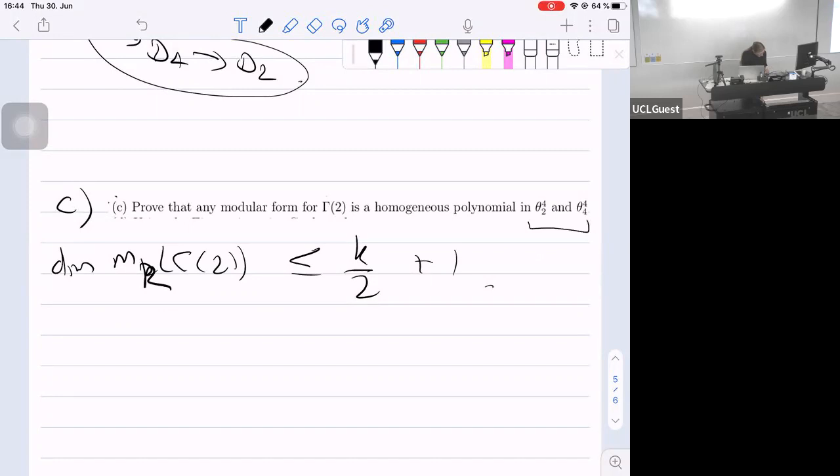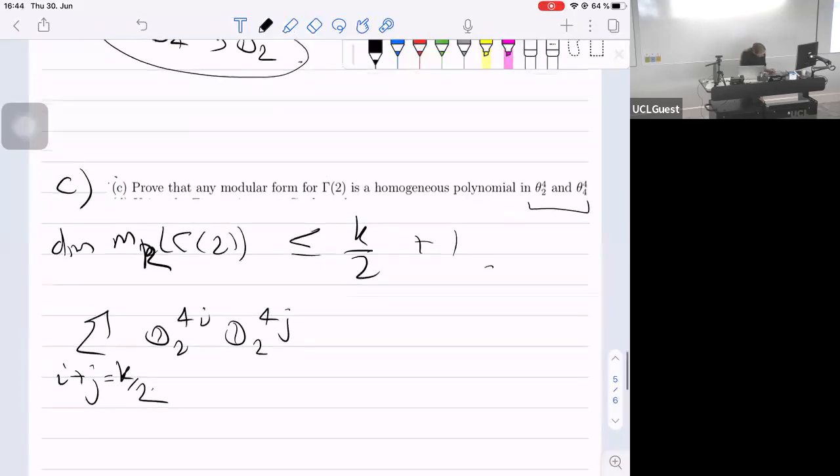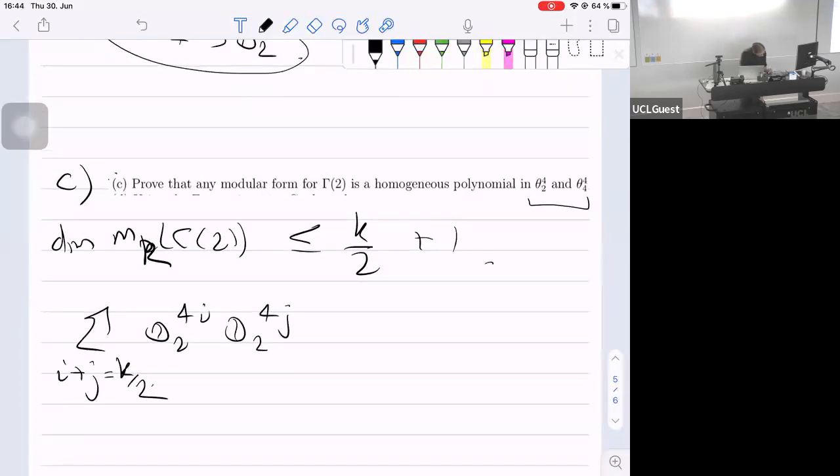If we take any homogeneous polynomial in theta 2 to the 4 and theta 4 to the 4, with i plus j being k over 2, then since there are exactly k over 2 plus 1 choices for i, you will get that there are from this potentially the right number of generators.